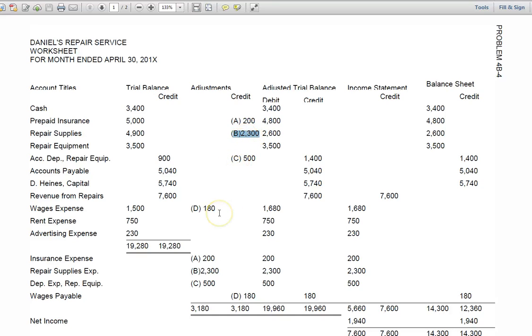Depreciation in C is on long-term tangible assets such as equipment and buildings and automobiles and computers. What you do is you buy them and they're assets to you, but you do use the stuff up over time. So just like you use up your insurance and your supplies, you're going to be using up your repair equipment.